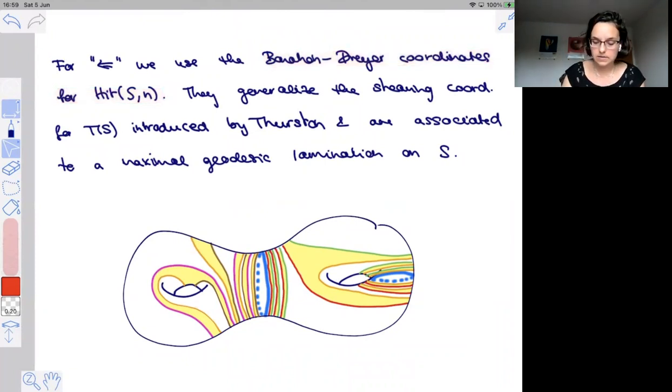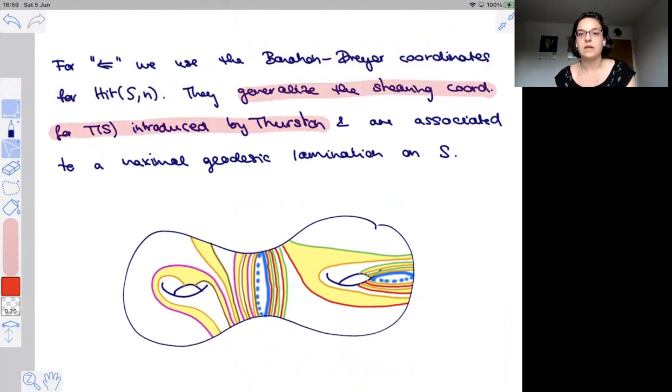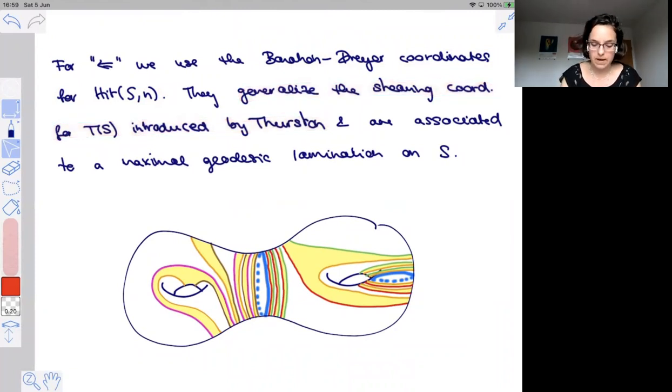They generalize the shearing coordinates for Teichmüller space that were introduced by Thurston, and they are associated to a maximal geodesic lamination on the surface S. I drew a picture below, and if you have questions about this or want to learn more, please feel free to come to the office hours and ask me all the questions.